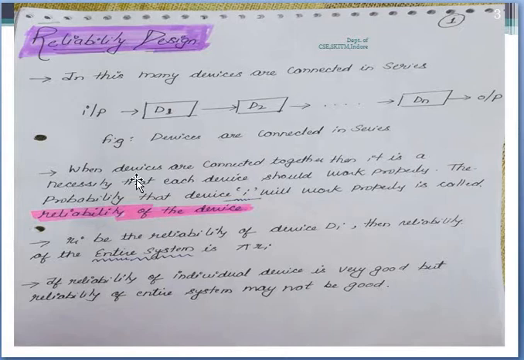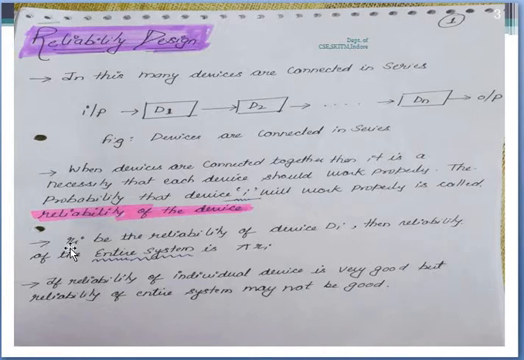So when the devices are connected together, it is necessary that each device should work properly without any fault. The probability that it will work properly, we call the reliability of the design.